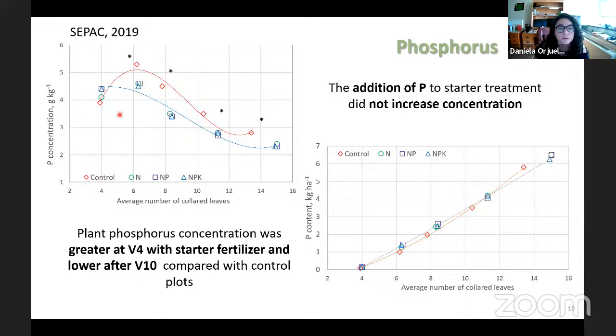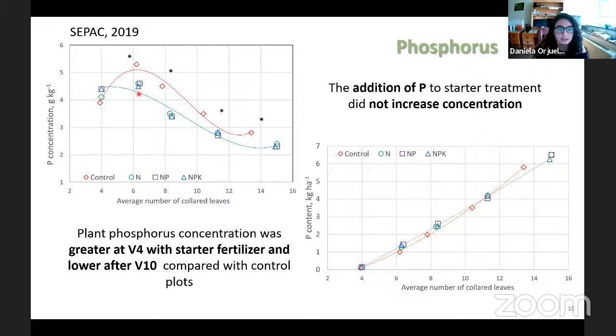So in the case of phosphorus, we see that after B6, the plant's concentration for both control and starter start decreasing, and this is a normal behavior with phosphorus due to the use of this in plant physiological processes.